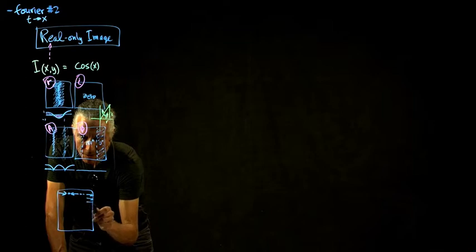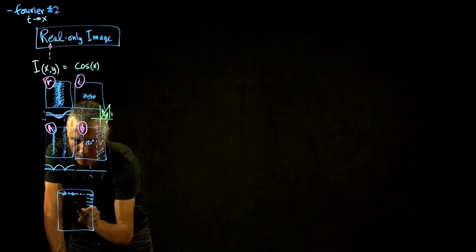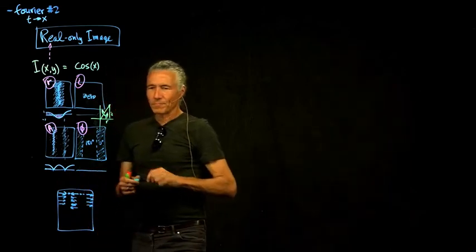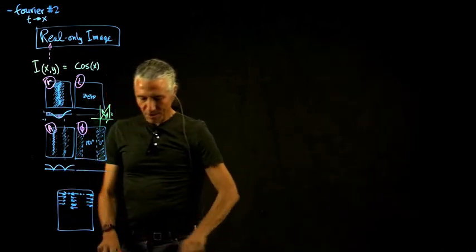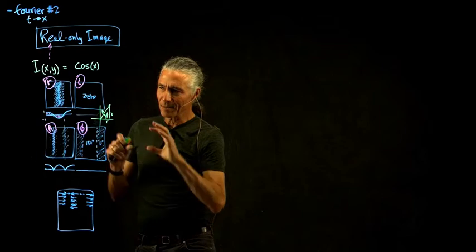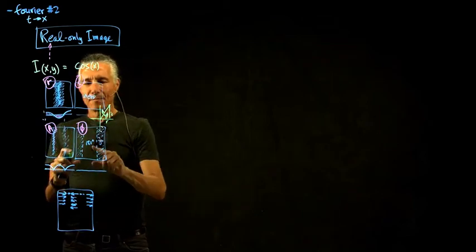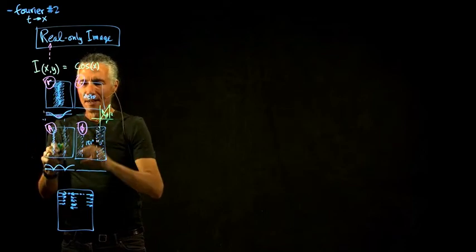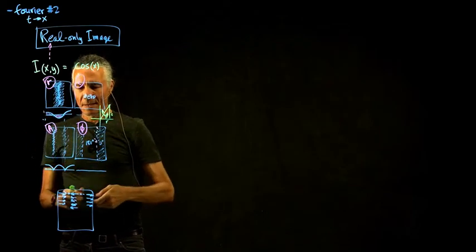Right down the middle of the image they'll be pointing at 180 degrees. So it's worthwhile going through all the different things to make sure that we have a complete understanding of the mapping between real and imaginary, amplitude and phase, and vectors.